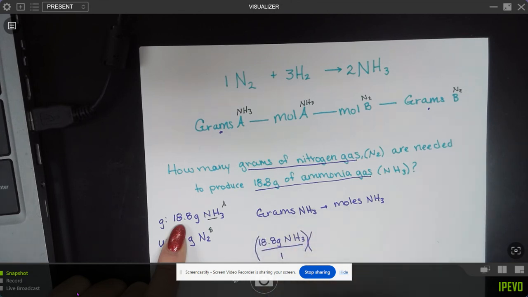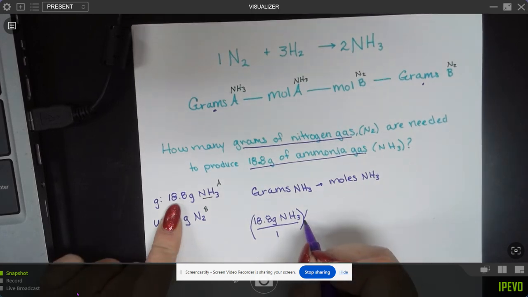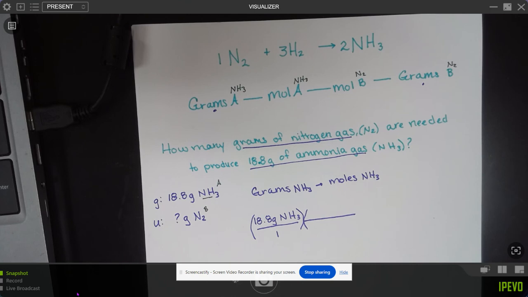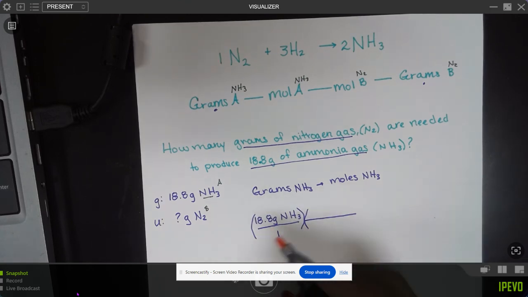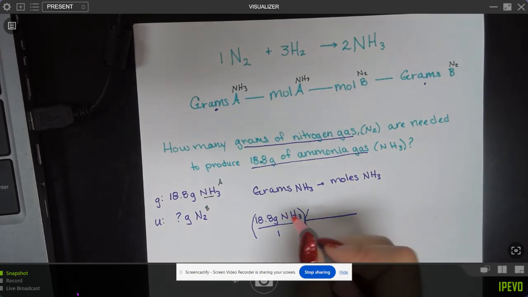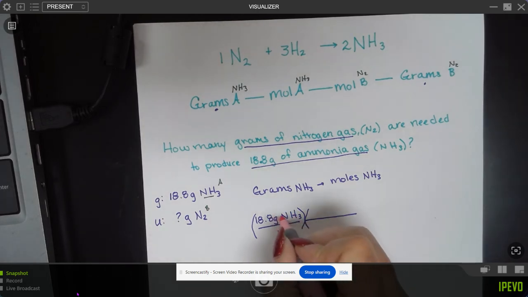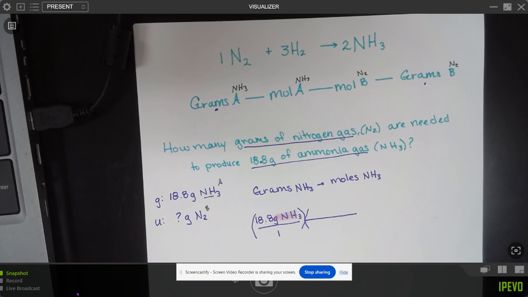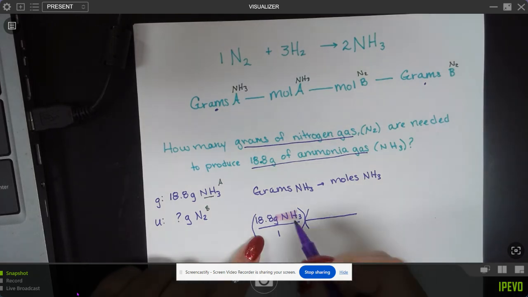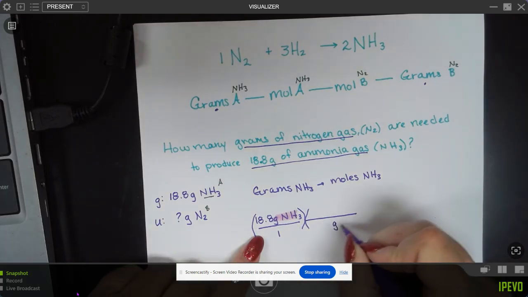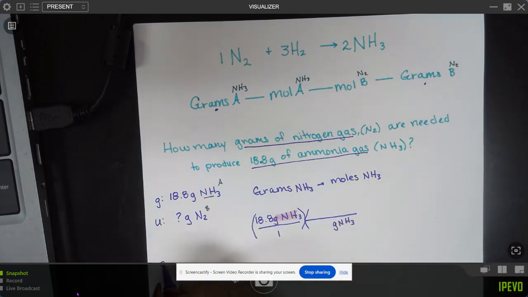Now, one thing that never changes when we're doing these conversions is that these units, grams of NH3, are always going to come down diagonal.